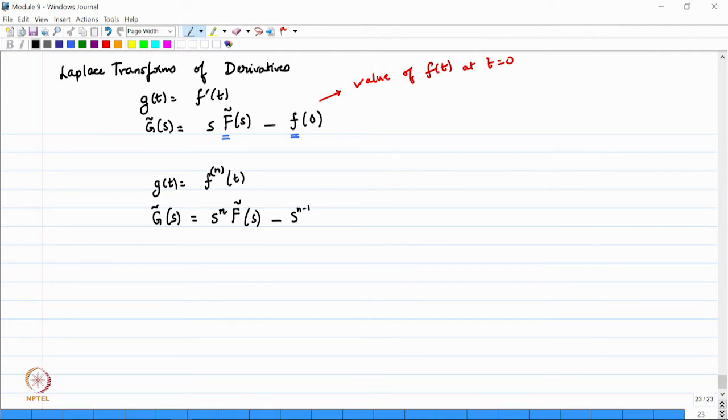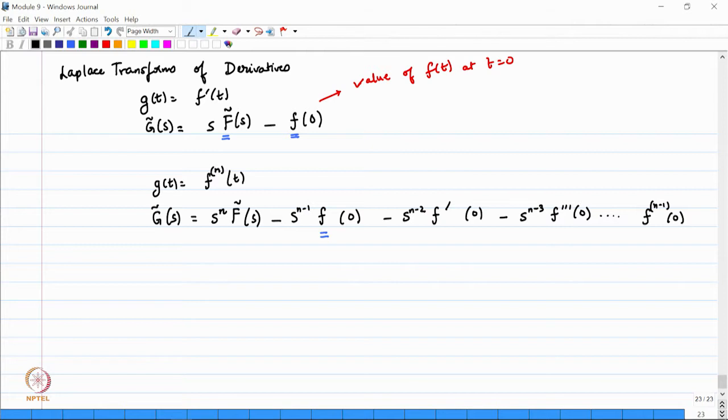Sorry, it is s raised to n minus 1 f evaluated at 0, s raised to n minus 2 f prime evaluated at 0, and s raised to n minus 3 f double prime evaluated at 0, all the way up to s raised to 0, that is just the n minus 1th derivative of f evaluated at 0.